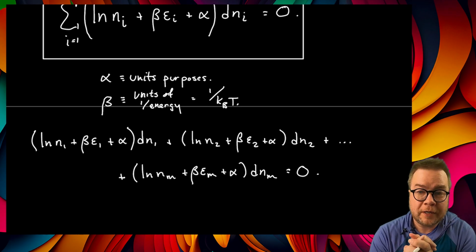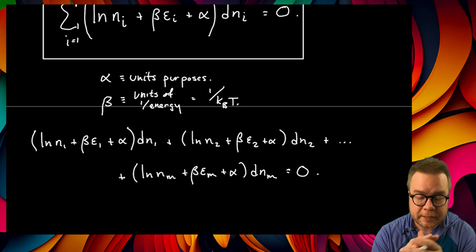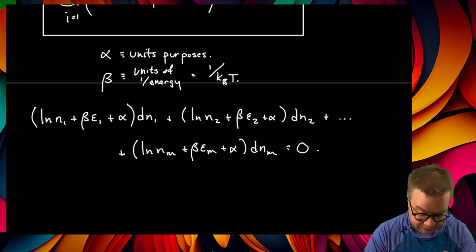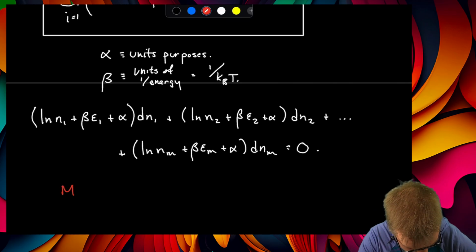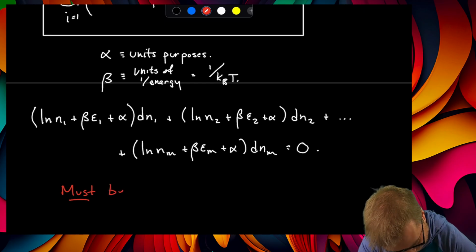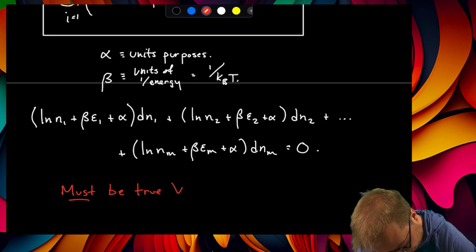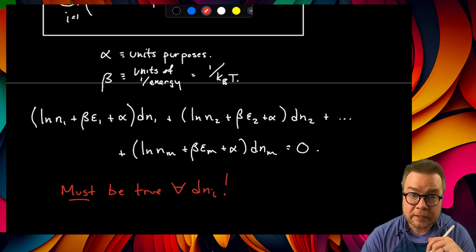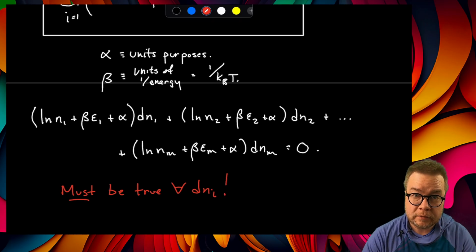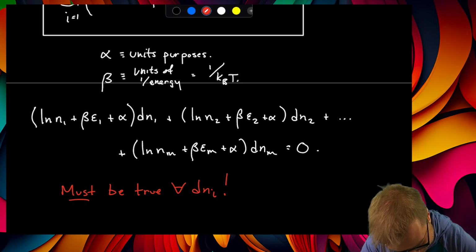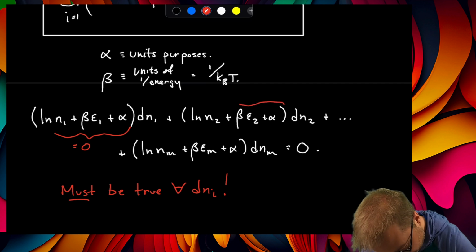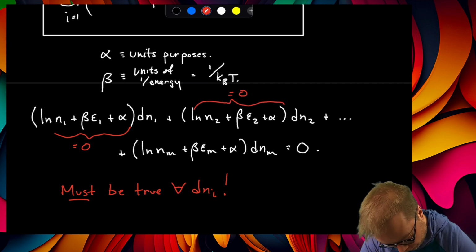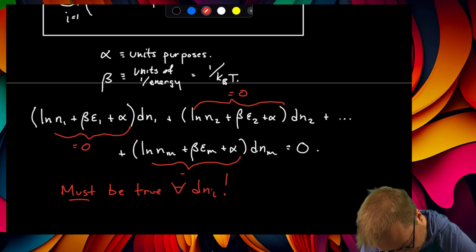Now we've got a condition here. If this is going to be true, this must be true. Let's write this in red. This is so important. This must be true for all dni. The only way that this can be true for any arbitrary dni is that this term must be 0, this term must be 0, this term must be 0.